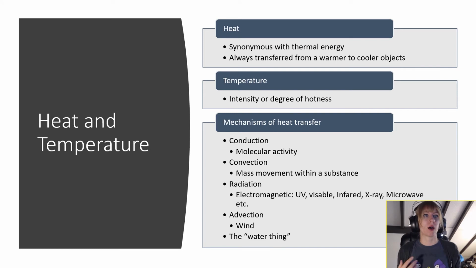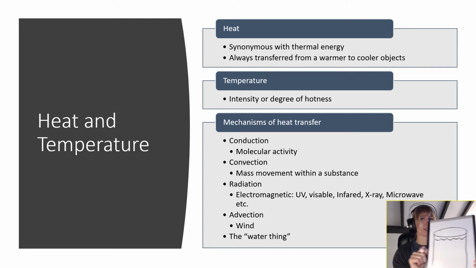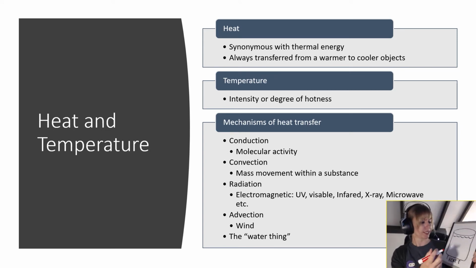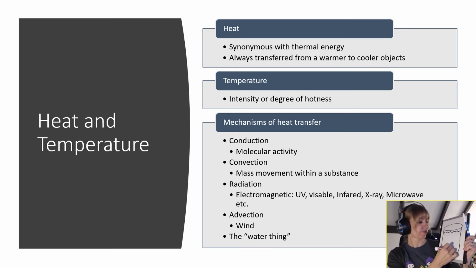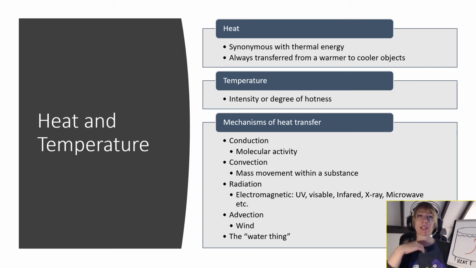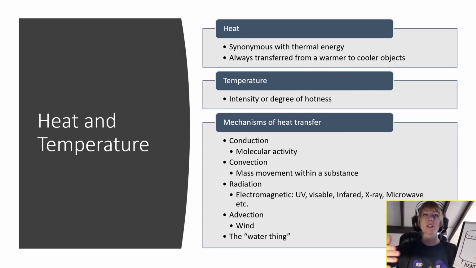Okay, and then we have convection. So convection, we should all know so well from boiling water. So we're going to use a great example. So convection, you're going to have hot water rise. In this case, this is water. Heat source, container, right? And hot things always rise, like hot gas or hot liquid.